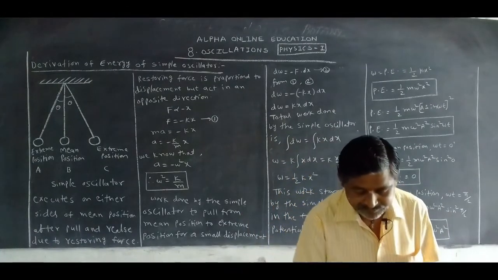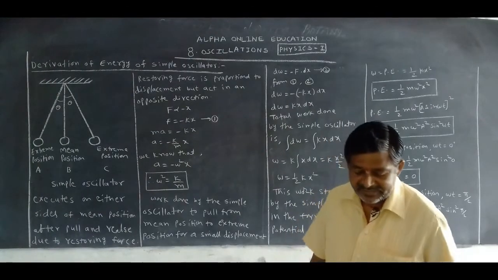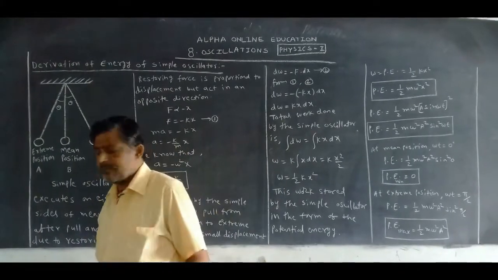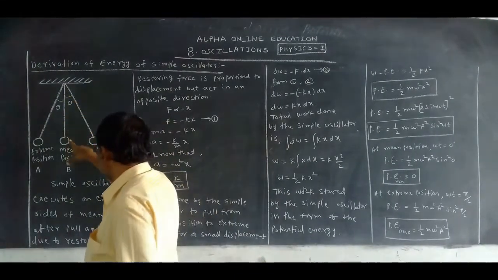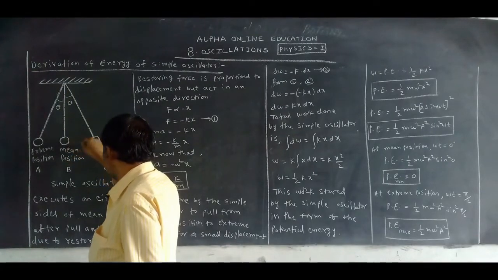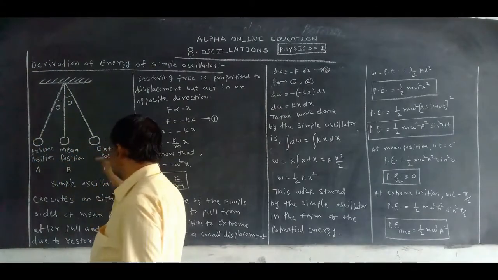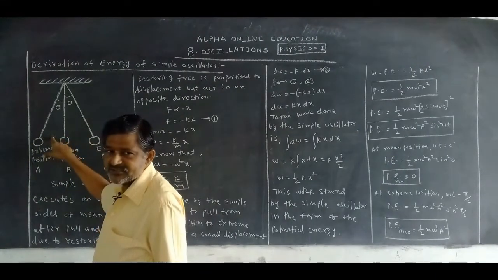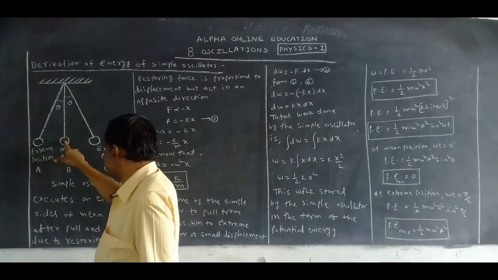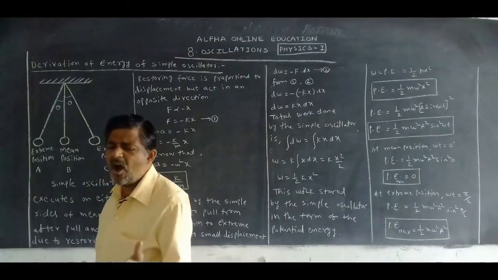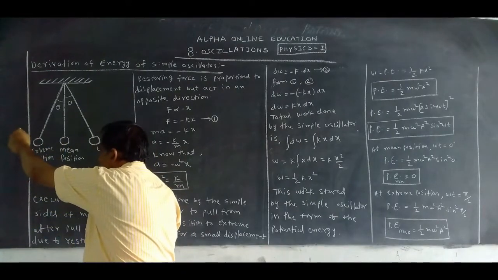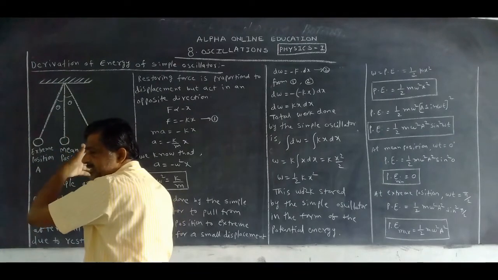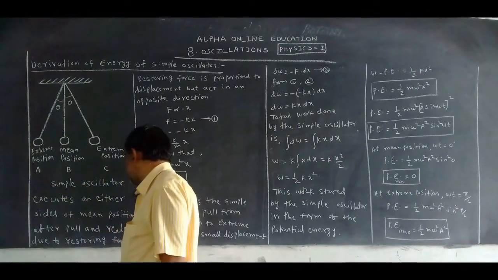For it, first we want to draw a diagram of the simple oscillator. Simple oscillator is nothing but a simple pendulum. This is the mean position. You pull and release, it oscillates on either side of the mean position. These are called extreme points. This is the mean position. You pull in this direction or in this direction and release, and it moves on either side of the mean position. Why does it move on either side of the mean position after release?